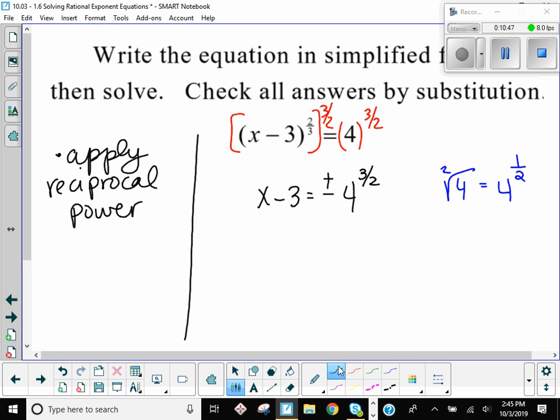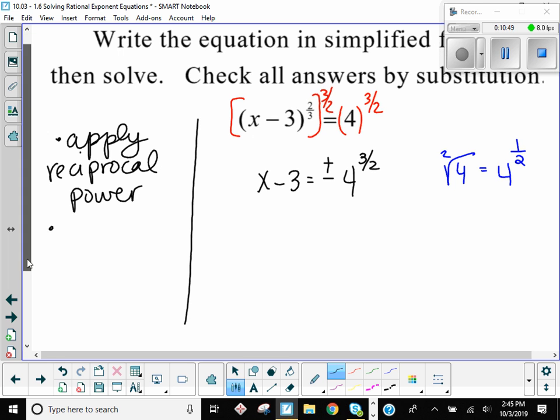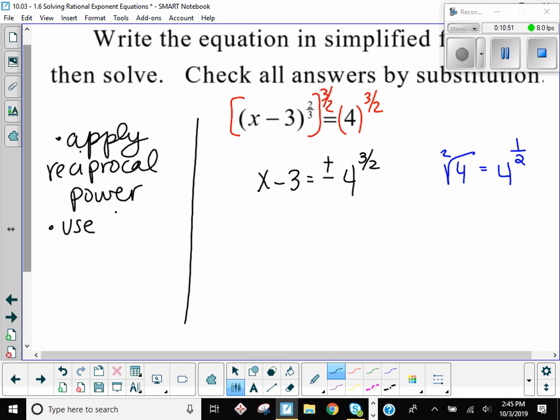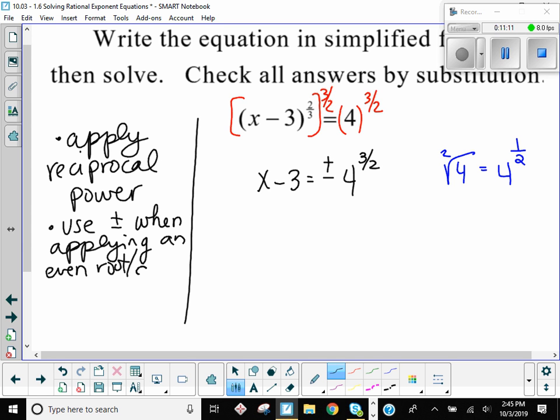So over here, write something like this. Use plus or minus when applying an even root / denominator to both sides.